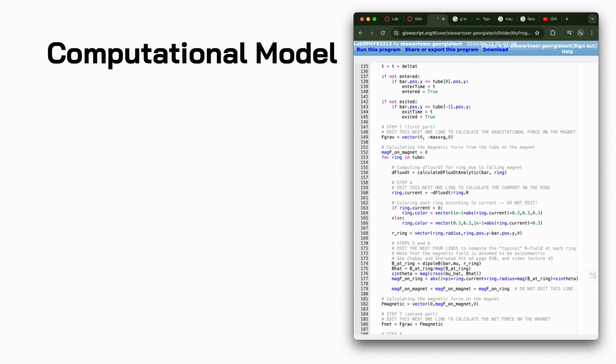Then we take the magnitude of the force on the magnet, add to it the magnitude of the force on ring, and reassign it back to the magnitude of the force on magnet. Then F magnetic is the positive magnitude of F on magnet in the y-hat direction, and we add that to F gravity to get the net force.